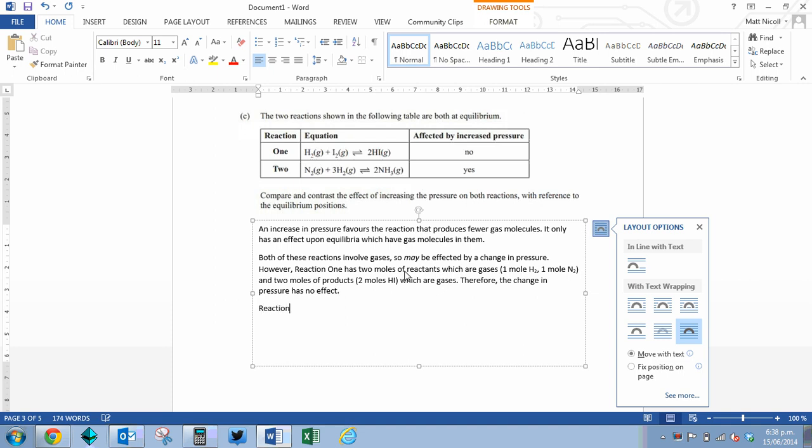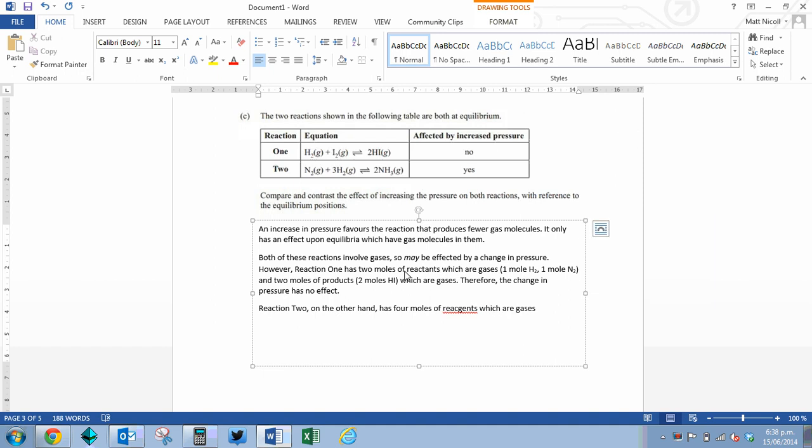Reaction 2, on the other hand, has 4 moles of reagents, which are gases, reactants. So my mind was going in 2 places there at once.